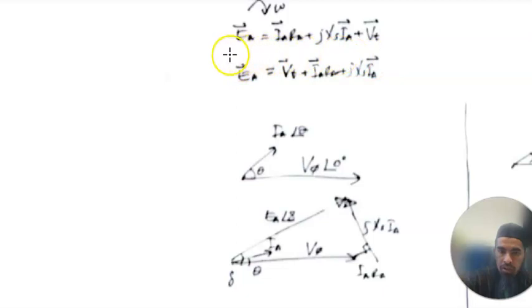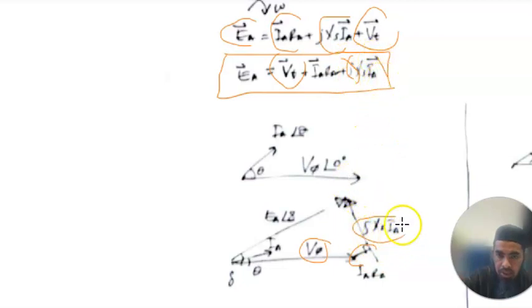So you rearrange into this kind of equation step. Why? EA is the sum of all the components here. So you can see EA is the sum of V phase, VT here, plus IARA plus JXSIA.